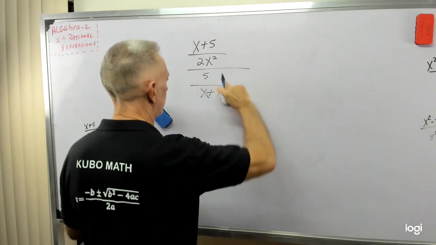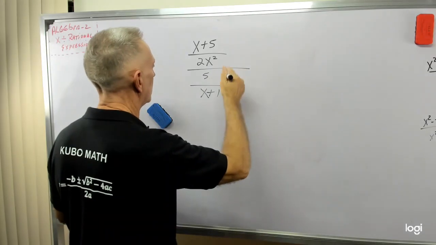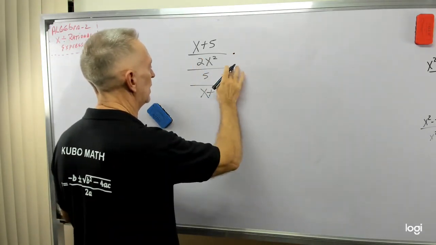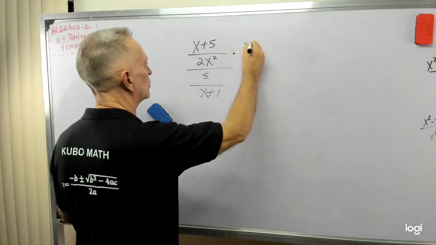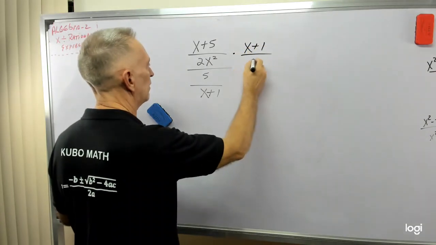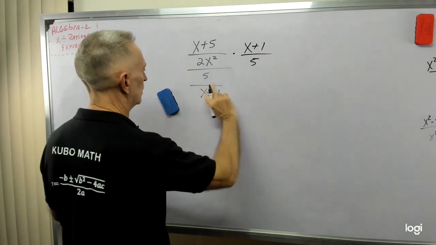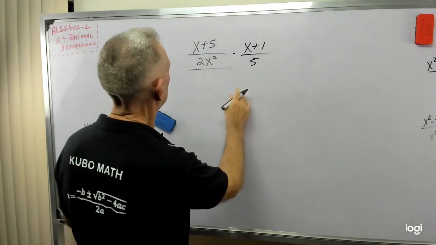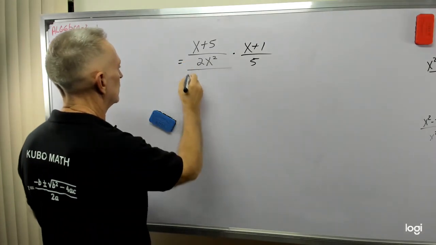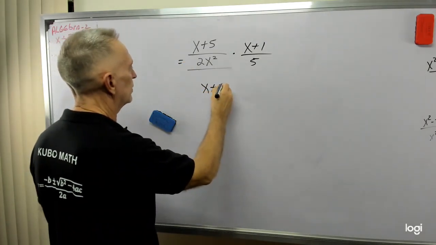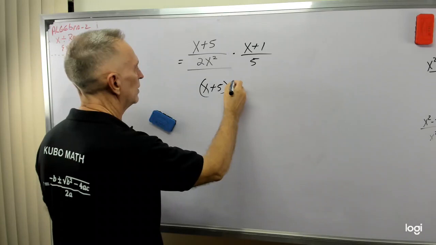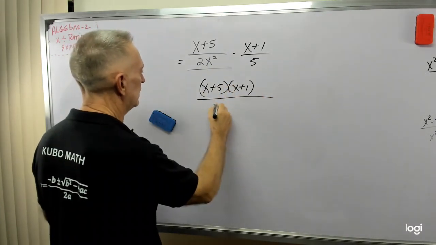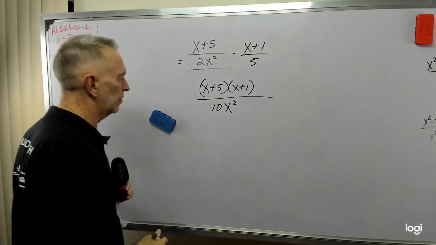So if we flip this one up, I won't rewrite, I'm just going to flip it up. We're multiplying by (x plus 1) over 5. So what does that give me? Well, not much I can do with it other than (x plus 5) times (x plus 1) over 10x to the second power.